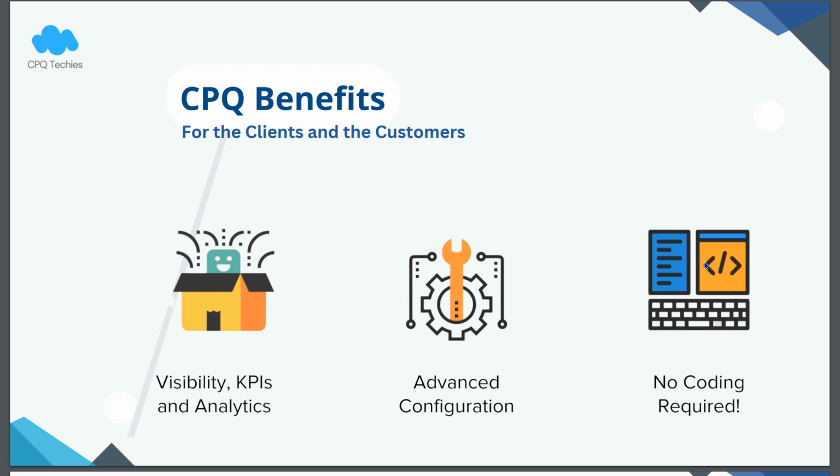The second benefit is advanced configuration in the Salesforce CPQ. If we compare Sales Cloud with Salesforce CPQ, in Salesforce CPQ there is advanced configuration. In Sales Cloud, we can't do advanced product configuration, we can't apply product rules, and we can't implement a guided selling process in the system.